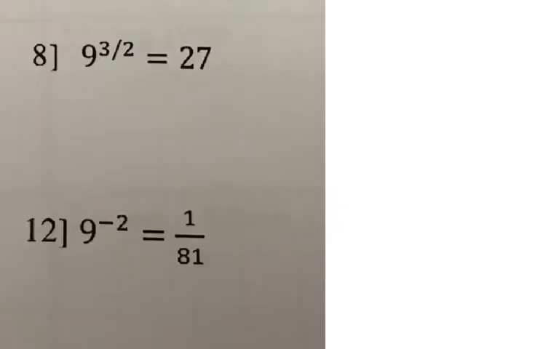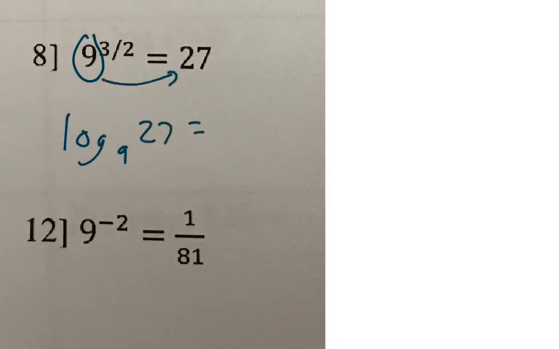All right, this one's scary because it's fractional, but hopefully you already did some rational or fractional powers. But anyways, the base is 9, so I'm going to say the log base 9 of 27 equals 3/2. Is that true?